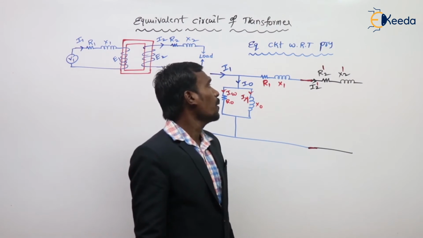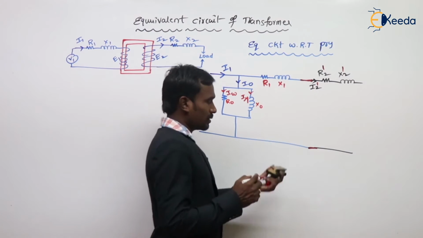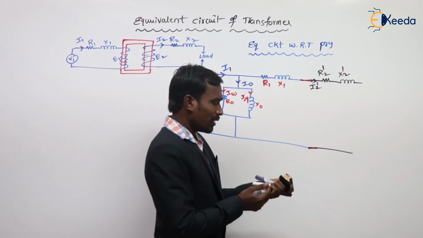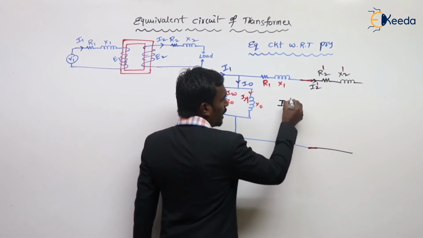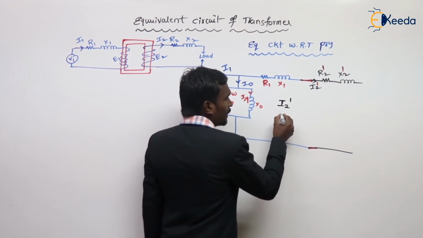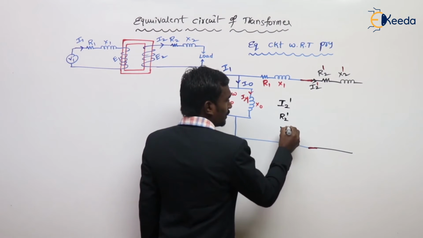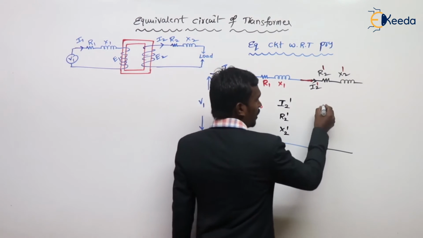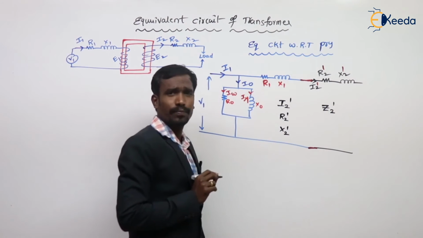With respect to primary. But here some unfamiliar terms are there. What are they? One is I2 dash, another is R2 dash, and another is X2 dash. If R2 dash and X2 dash are there, automatically Z2 dash is also there.